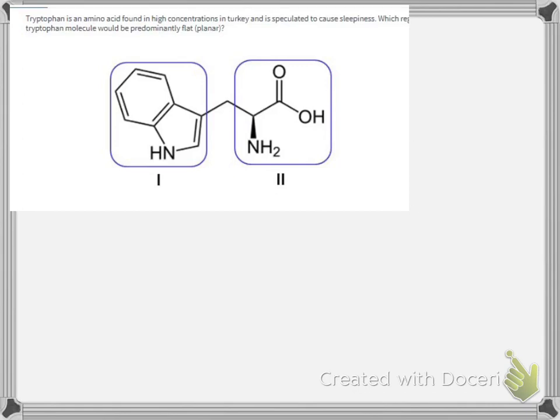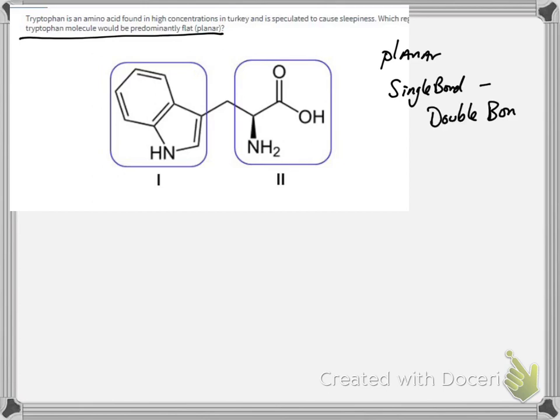Right, this question in the homework is asking which of these 2 regions, 1 or 2, or possibly both, or neither, is generally planar. Okay, so what does planar mean? Planar means trigonal planar, and the only way we see trigonal planar is with molecules that have single bond, double bond combinations.